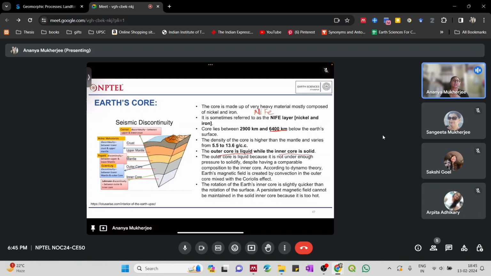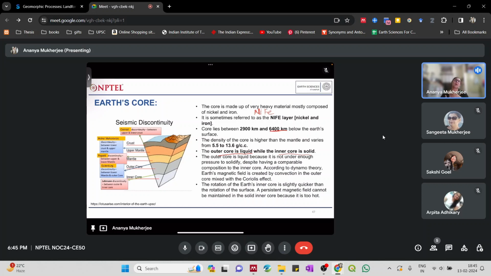Okay, so earth has a magnetic field because the outer core is liquid, which is giving rise to convection currents, and that in addition to the Coriolis effect that we see due to the earth's rotational motion. These two factors play a very important role in the generation of earth's magnetic field.